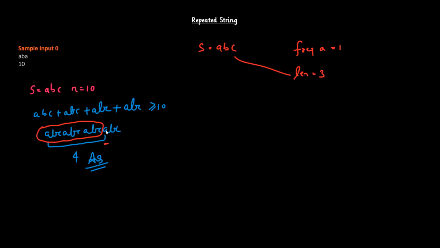In our case it's A; we are only going to consider A. But how will you come to know how many complete strings are there? By using the division method. Let me show you, guys.